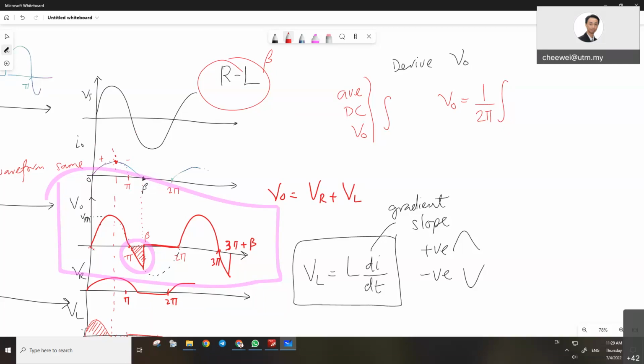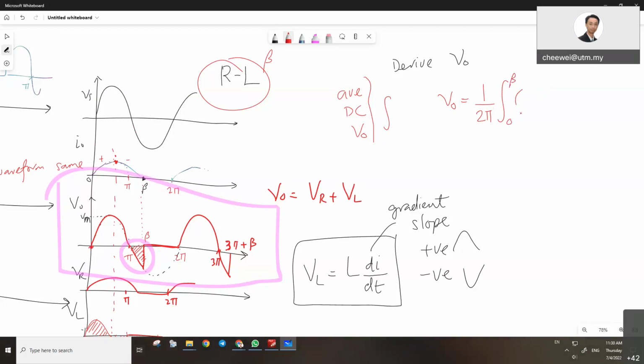The waveform starts from 0, right? So I'm starting from 0, but ending at? Where's the ending point? Does it end at pi or beta? Beta. If it stops at pi, then I'll put pi.